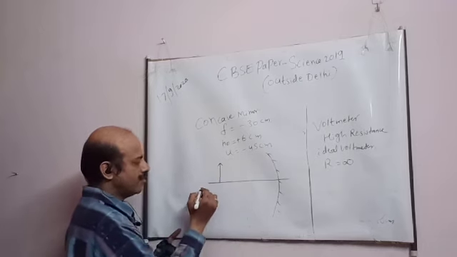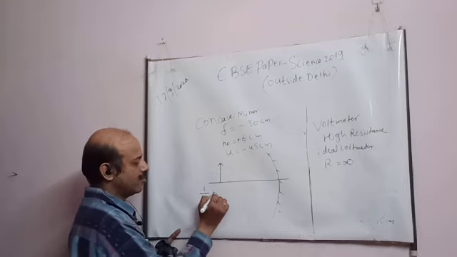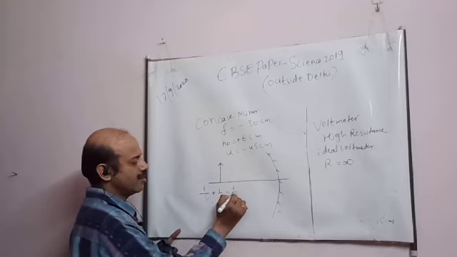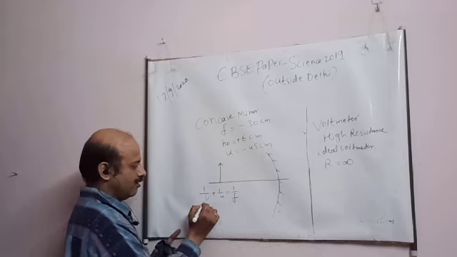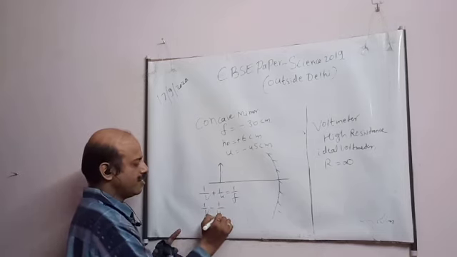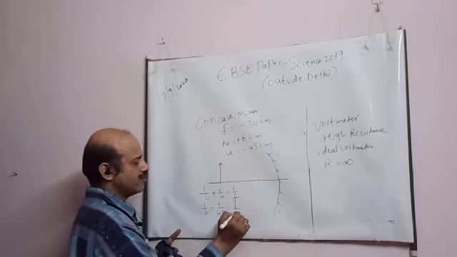Now student, we will apply the mirror formula. 1 upon V plus 1 upon U is equal to 1 by F, student. V we have to find out, U is given, focal length is also given, student.